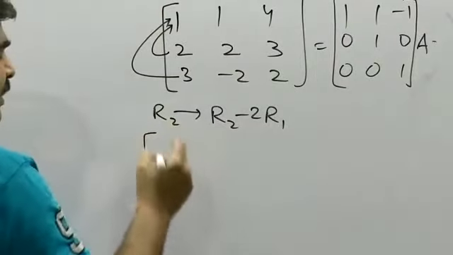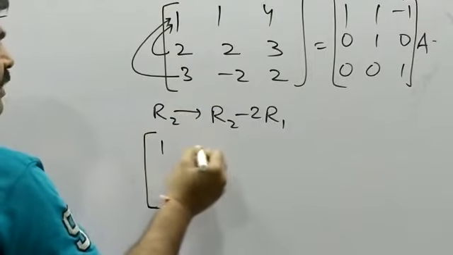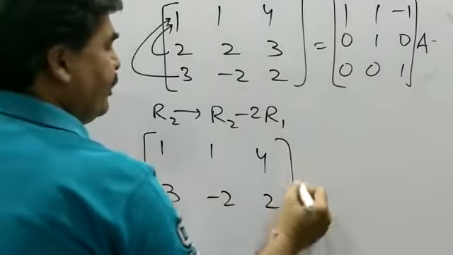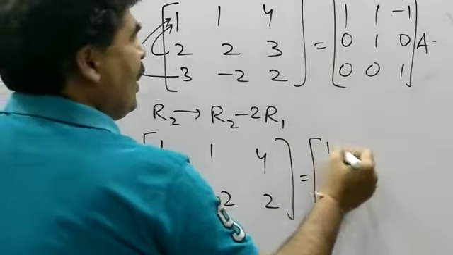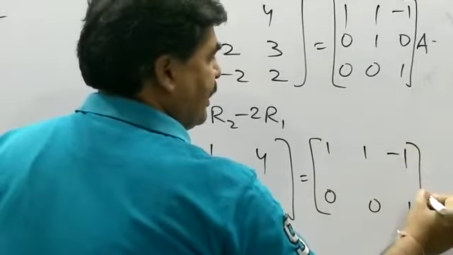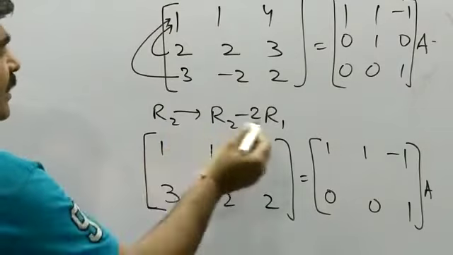Now there is a change in R2, so we will copy R1 and R3. 1, 1, 4 and this is 3, minus 2, 2, is equal to 1, 1, minus 1, 0, 0, 1 and A as it is. Clear? Now see here, R2 minus 2R1.